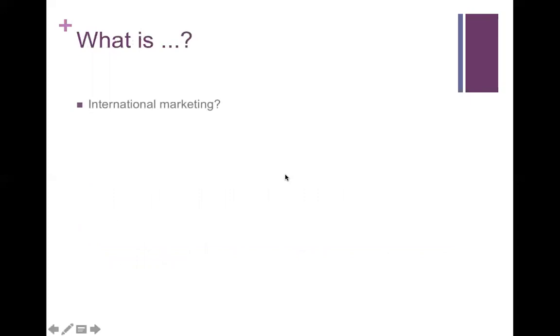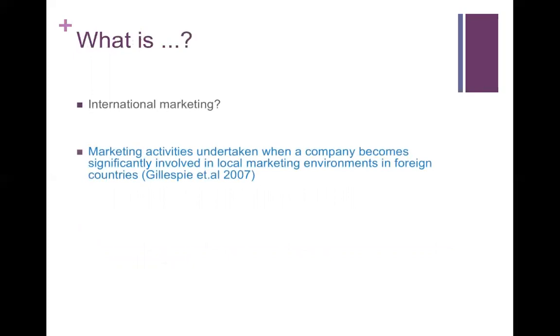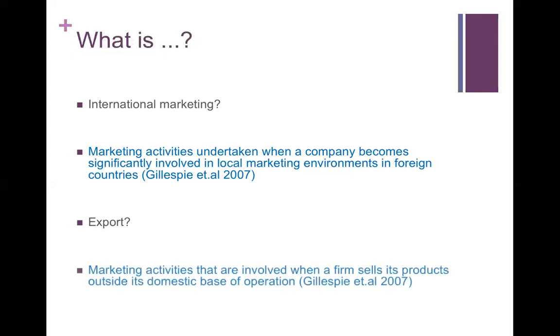Okay, so let's have a look briefly at the term international marketing. It refers to marketing activities undertaken when a company becomes significantly involved in local marketing environments in other markets. In one of our sessions, we are going to discuss the evolution of a global company, starting from domestic operation until we set up a global operation. And export is one of the international business activities, quite common.